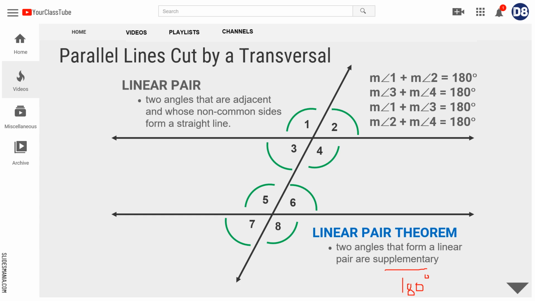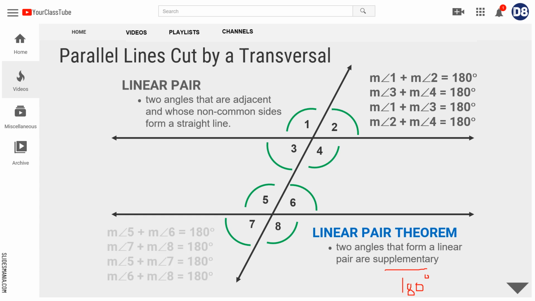Angle 1 and angle 2 are a linear pair, so the sum of their measurements is 180 degrees. Angle 3 and angle 4 are also a linear pair, so their sum is 180 degrees. Same with angle 1 and angle 3. And the other pair is angle 2 and angle 4.